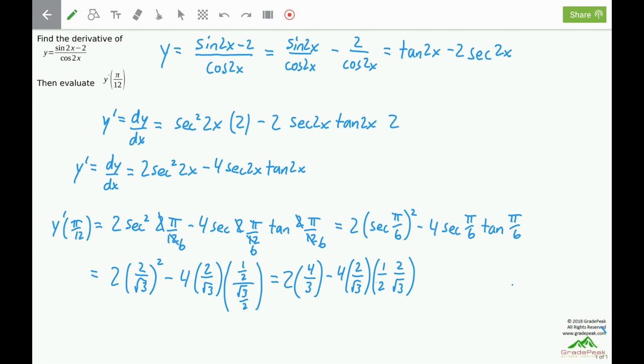Now the 2's in the numerator and denominator can cancel each other in that multiplication. So what we have is 2 times 4 over 3. You can think of that as a 2 over 1. It'll give us an 8 over 3. Then minus 4 times 2 over root 3 times 1 over root 3.